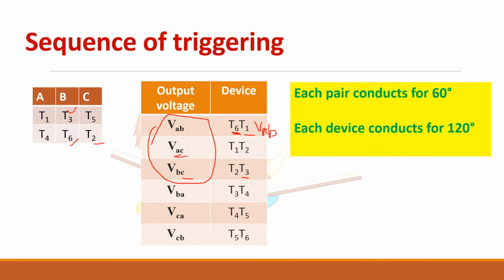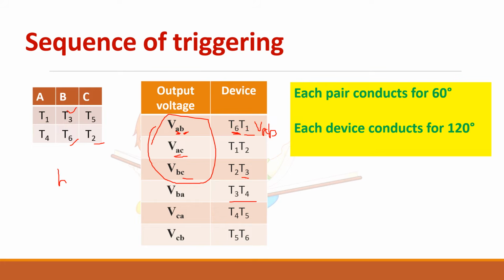So how to write this? First, always find which phase the devices are connected to. Then the first alphabet should be the upper device's phase, and the second will be the lower device's phase. Suppose you take T3 and T4.